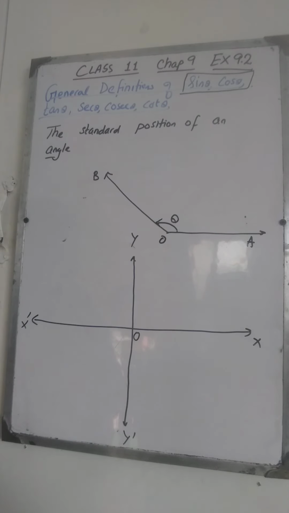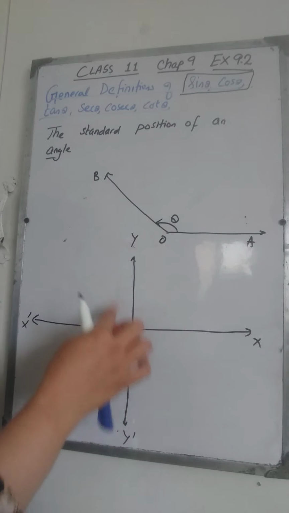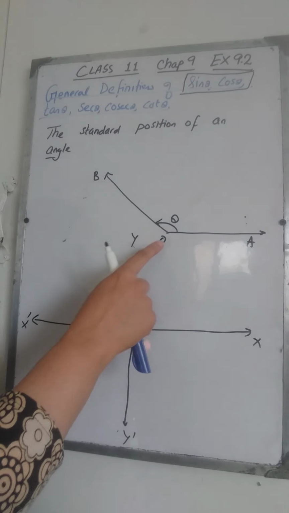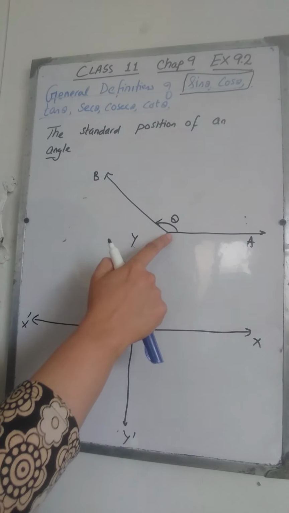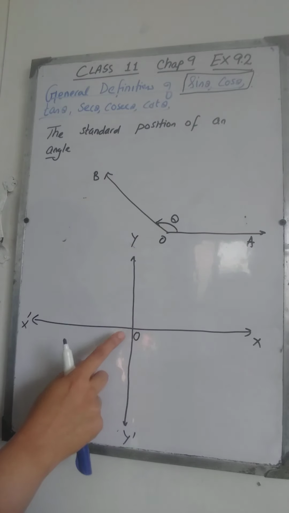To bring this angle to its standard form, we are going to place this angle on this coordinate axis in such a way that the center of this angle, the vertex of this angle, will be at the origin of the coordinate axis.